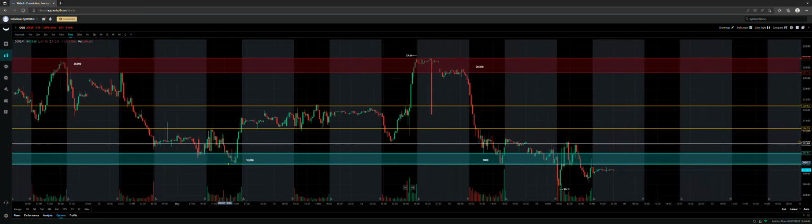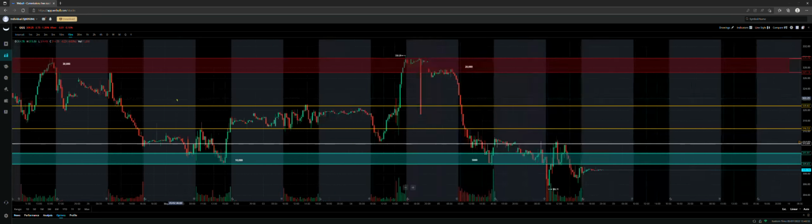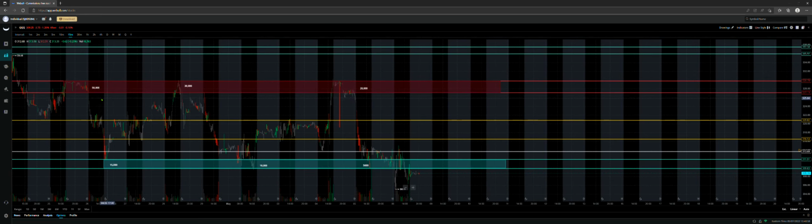In 1 hour, it moved from 310 all the way to 318. That's pretty strong. And the first time price returns to a zone, that's when it's strongest. Not the second, not the third, not the fourth, right? So here, this was the first time price was in that zone, and it did this.